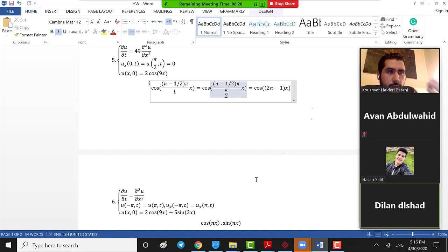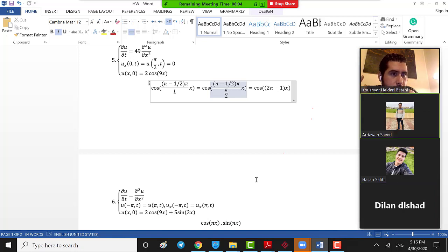Create a PDF file of your handwriting. Absolutely write your name on the PDF file. Don't just send me a PDF file with a messed up name, because I have lots of PDF files. You absolutely have to write your name and the number of your stage on the PDF file, please.